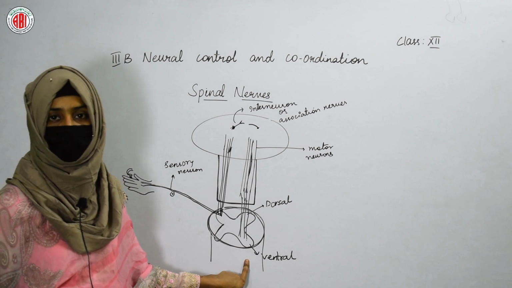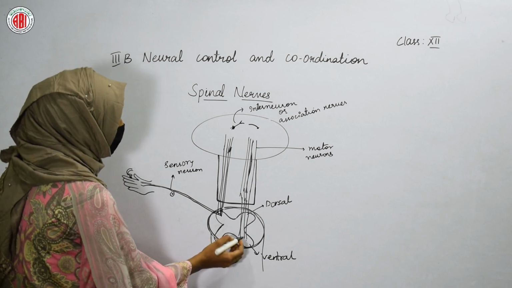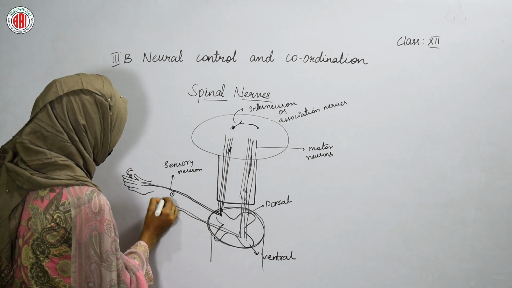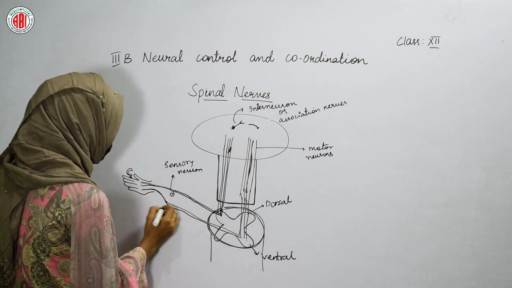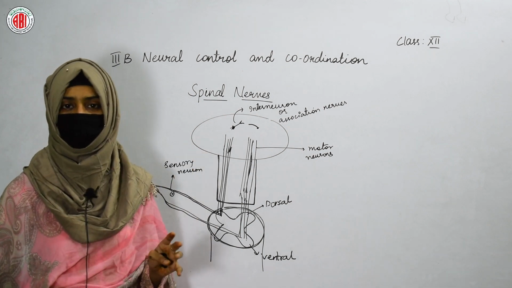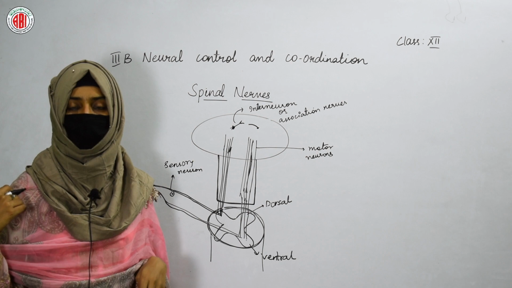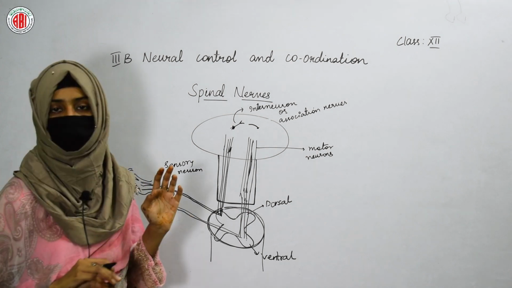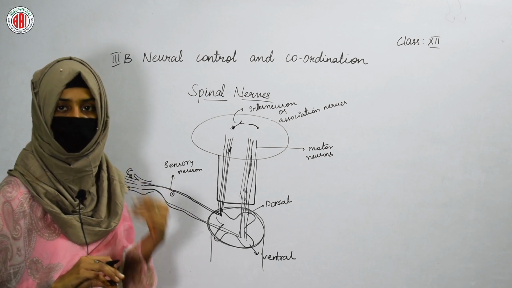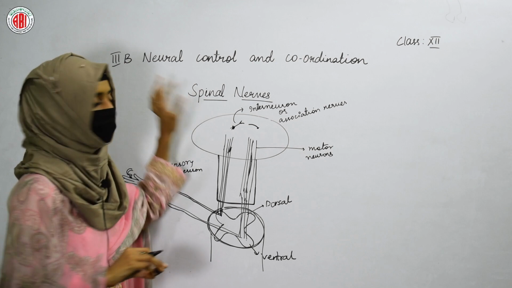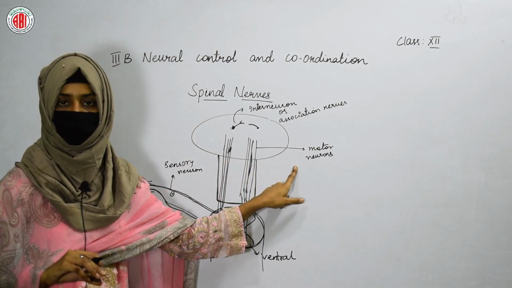When it reaches the ventral horn, these motor neurons are then transmitted to the muscles in order to show some action, whether you hit that insect with another hand or you throw that insect. In this way, different actions can be shown by different persons based on the information carried by the brain through the neurons called motor neurons.